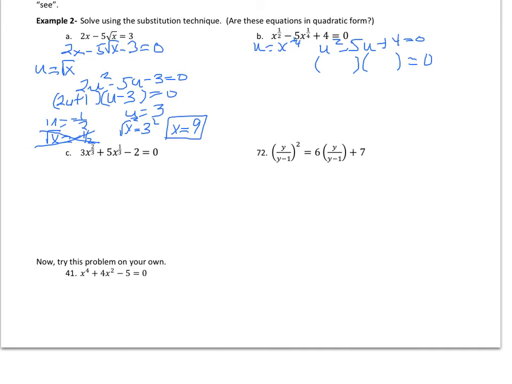Signs are the same, both minus, so we get u minus 4 and u minus 1, because minus 4 minus 1 is minus 5. So u is 4, u is 1. But again, we don't want u, we want x, so we plug x back in. So we get, let's see, well, what was u? X to the 1/4?